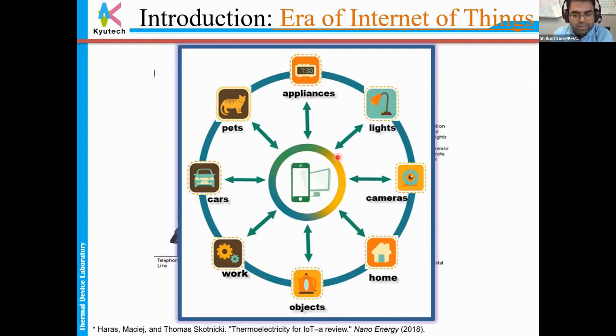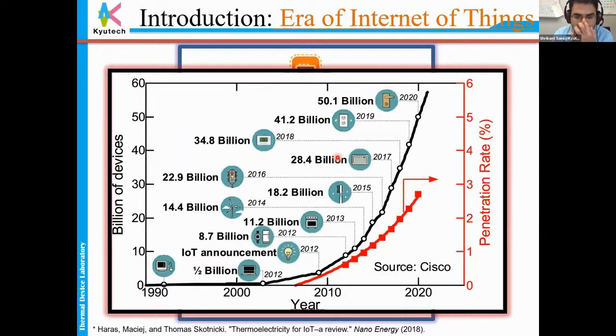To understand this, see this graph of how these devices are increasing. They already outnumber the human population on earth several times over, and the penetration rate of these devices in the market is increasing.